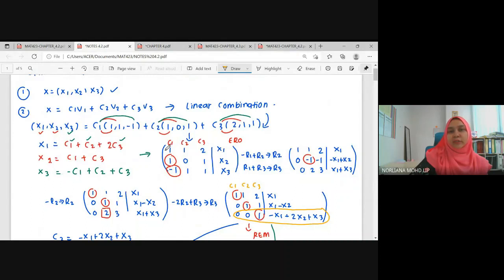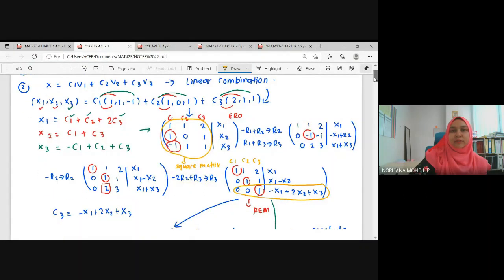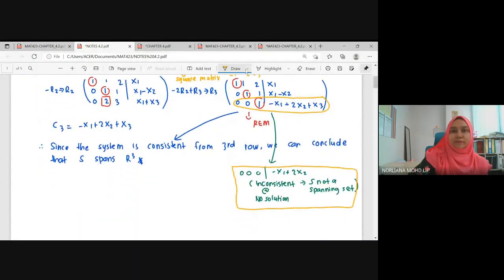Okay, you all tengok dia punya kat sini, left hand side of this augmented matrix, kita dapat square matrix kan kat sini. This is the square matrix. So, kita boleh gunakan determinant, kita boleh gunakan concept of determinant.